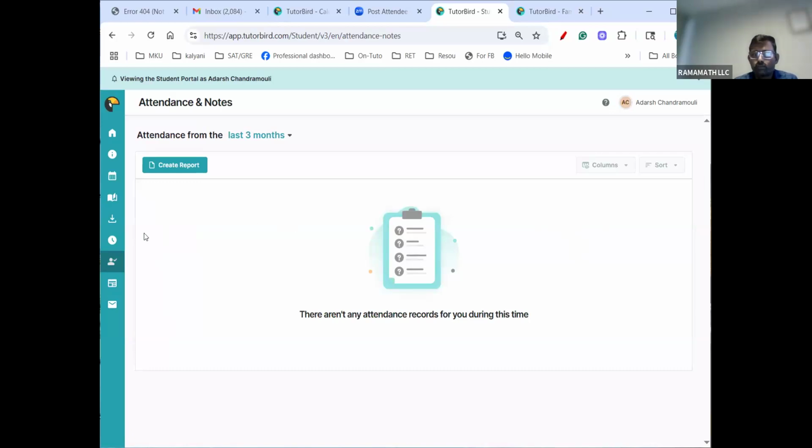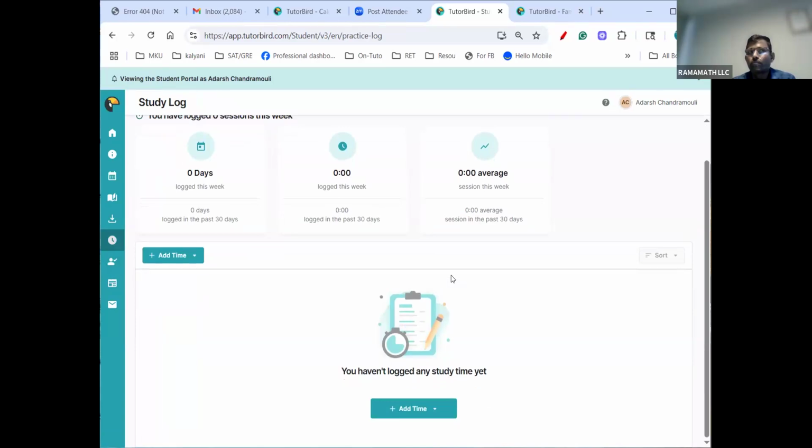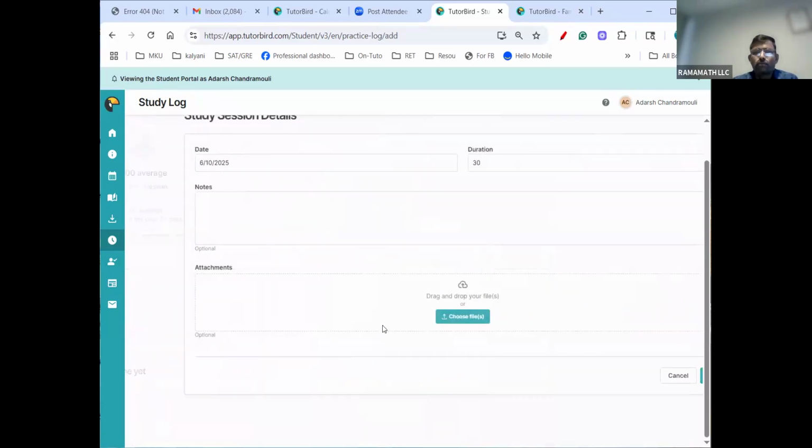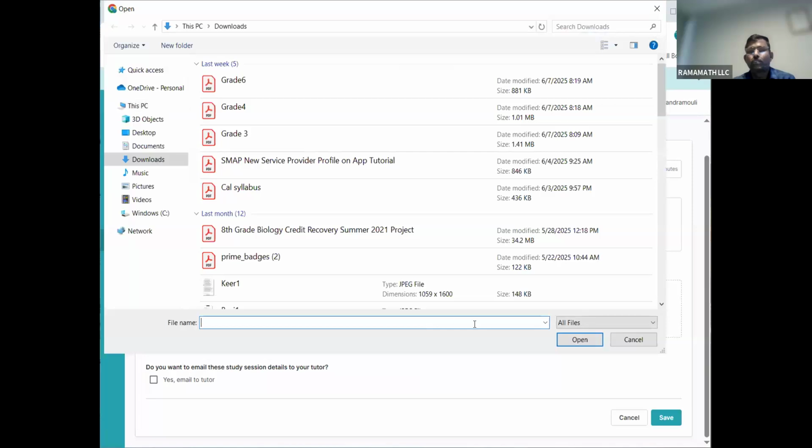Sometimes you may have some homework, so you can take care of it. Study log is the last one, where you can upload your work. Once you are done with the homework given to you, you come here and add a time, using a timer or adding manually. Then use your iPad or iPhone to take a picture and upload it from there.